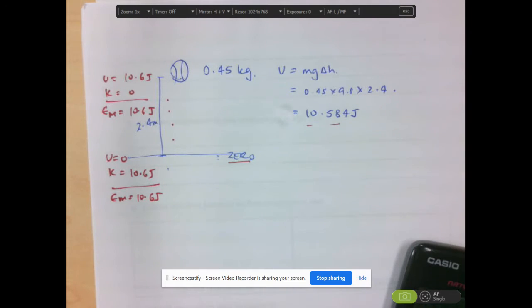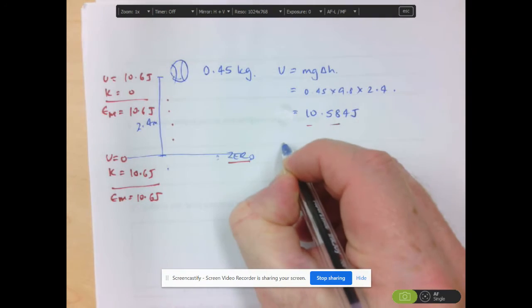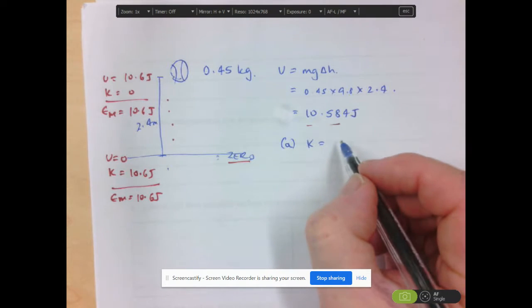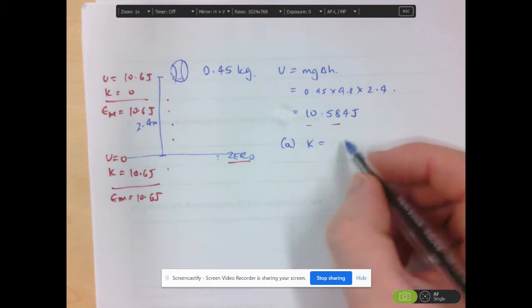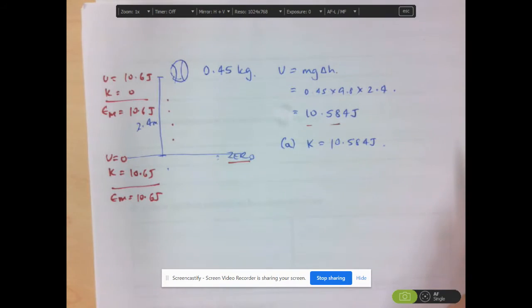So we can now answer question A: what is the kinetic energy at the bottom of the path? Well, the kinetic energy at the bottom of the path would have to be 10.584 joules, so 10.58 joules.